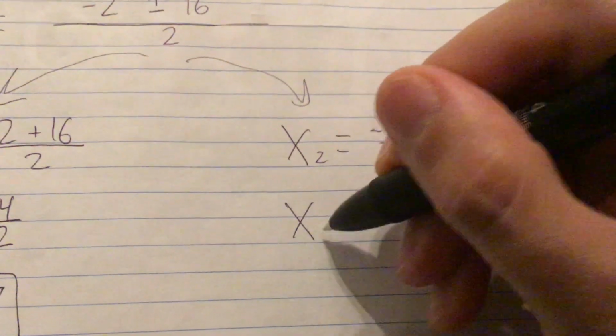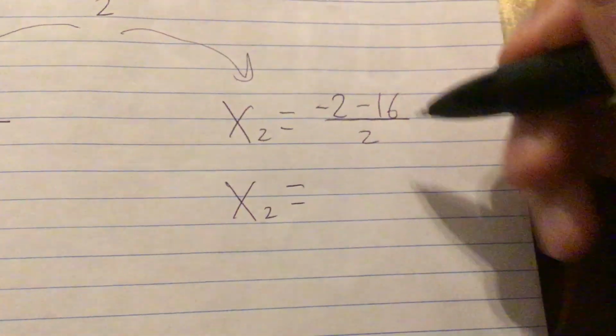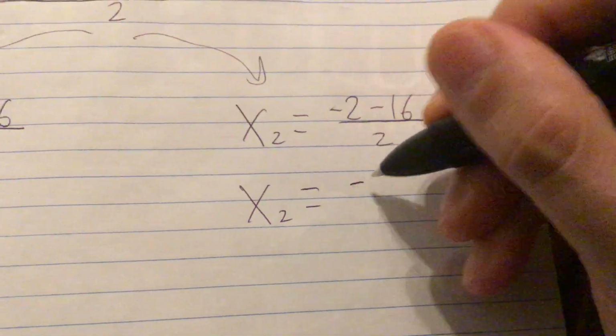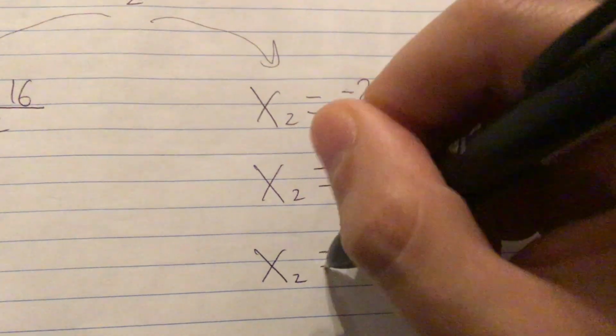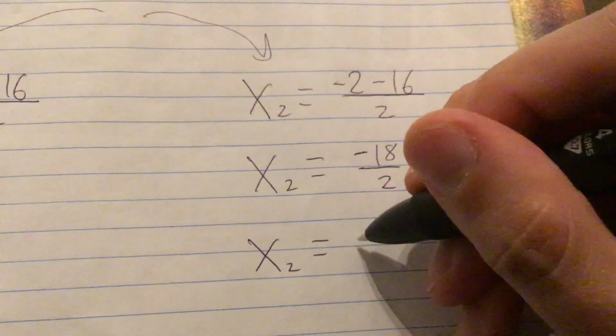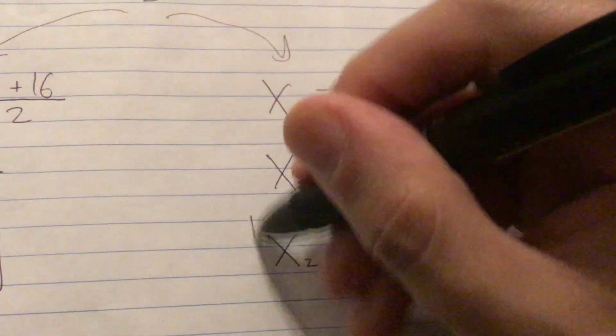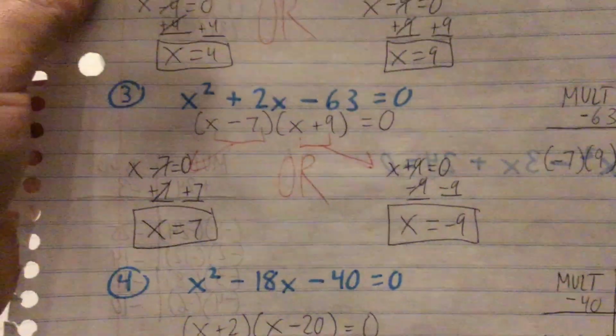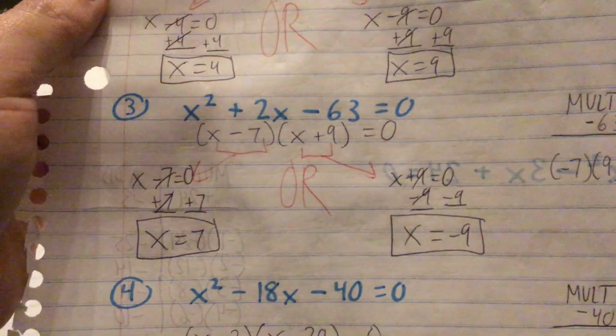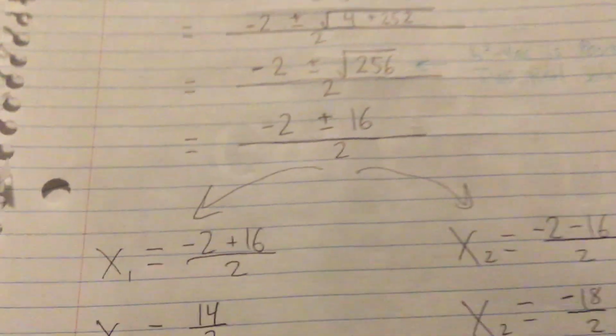That's one of the solutions. Let's take a look at the other one. x2 is negative 2 minus 16. That's negative 18 over 2. Negative 18 over 2 is negative 9. Hey, aren't those the same results that we got when we factored, x equals 7 or x equals negative 9? Okay.